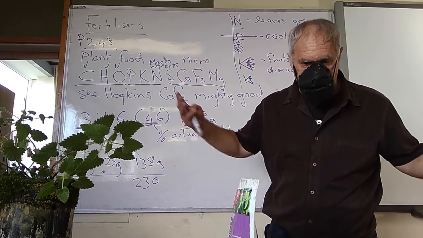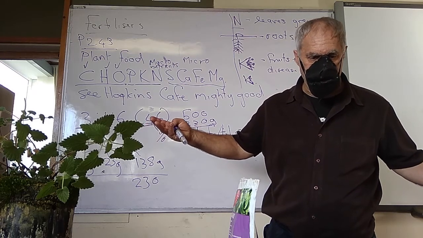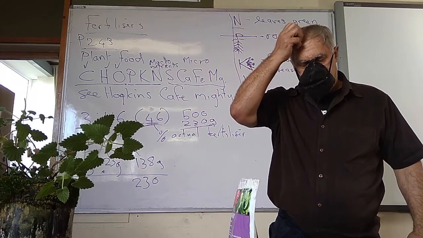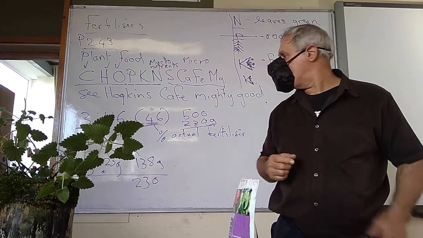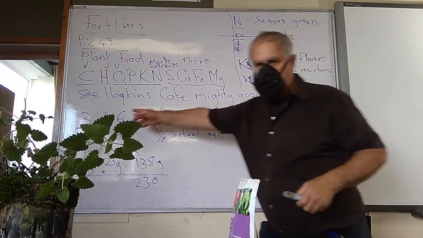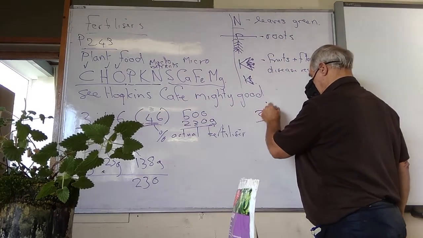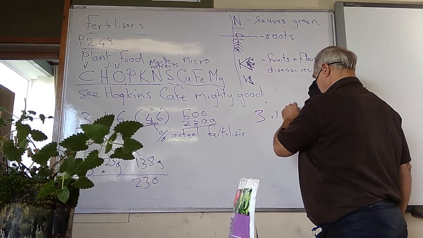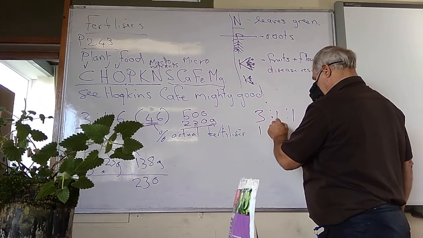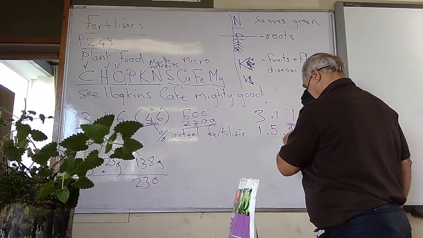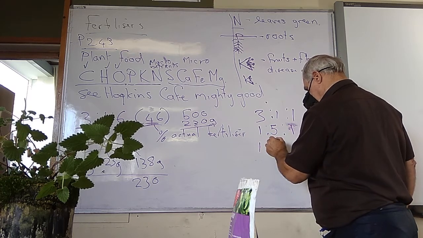Now, other fertilizers will look like this. 3, 1, 1, or 1, 5, 1, or 1, 2, 6. And then they're going to ask you, match this with beetroot.